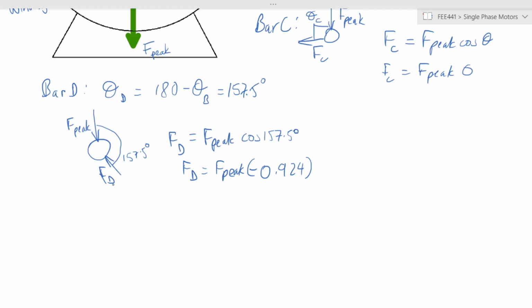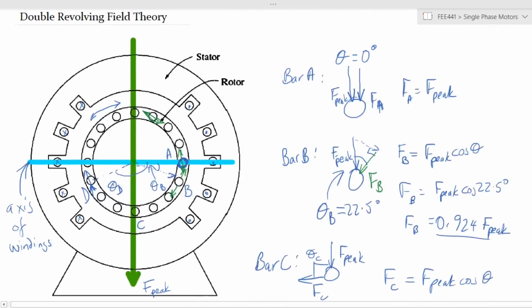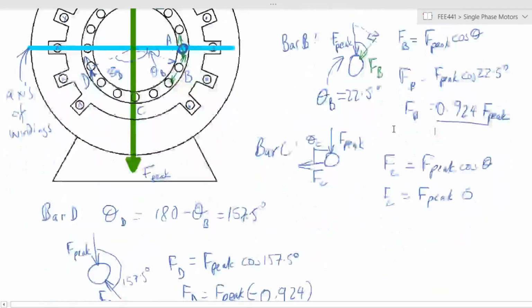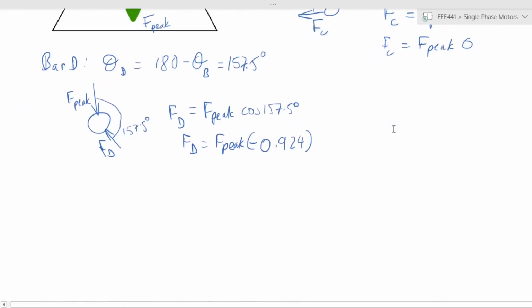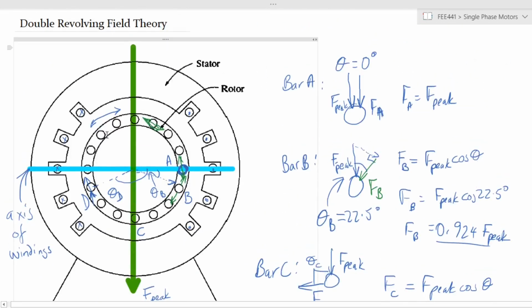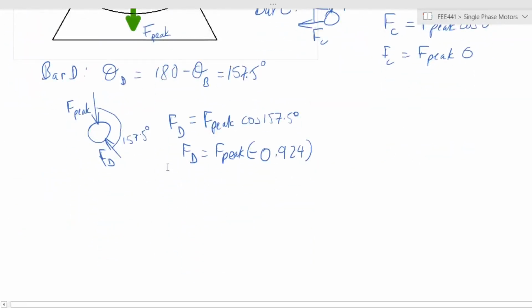Okay. Now, what else does it mean? This is also a representation of a pulsating field. Now, for the instances that we are talking about, we took a time t, right? Bear in mind that with time, the value of the force F peak, this resultant force due to a resultant magnetic field, will change with time, such that we have, let's call this our pulsating field.